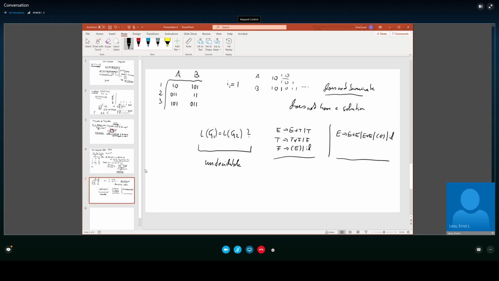So if I give you two arbitrary context-free grammars, and I ask you to come up with an algorithm that determines whether those two grammars generate the same language, I basically have to really hate you, because I'm asking you to do something that is impossible.